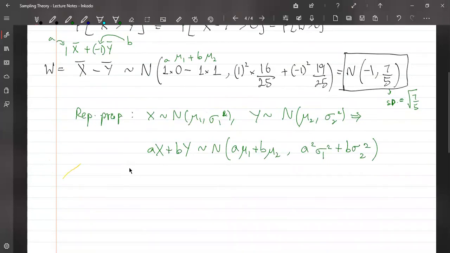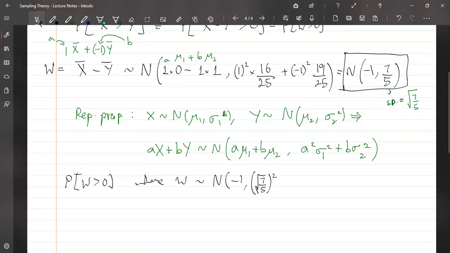We only have to compute the probability that W is greater than 0, where W follows a normal distribution with mean minus 1 and variance 7 by 5.